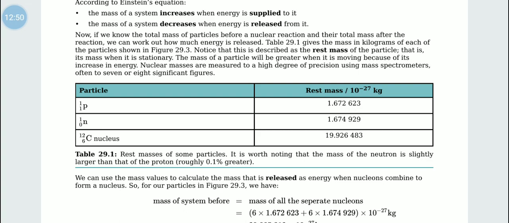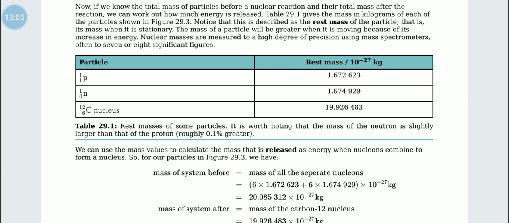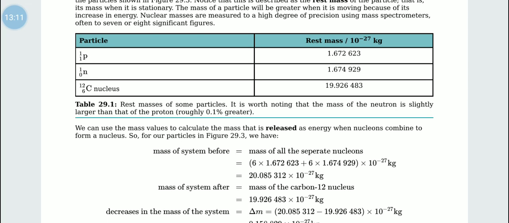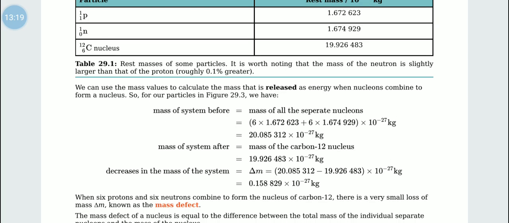If it was moving, like we discussed with E equals mc squared as well, it would have a higher mass. So we are not going to consider the mass that is gained by movement, but rather we are going to take the mass when it is stationary. These values are taken to a high degree of precision using mass spectrometers, and we have to use them to calculate and see.